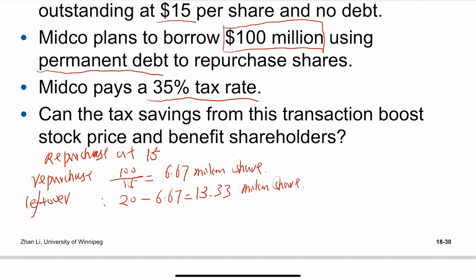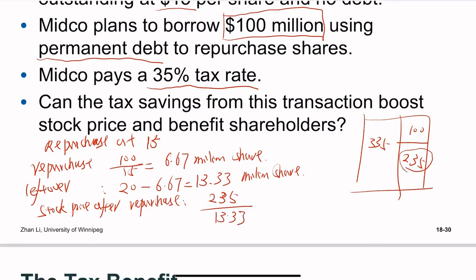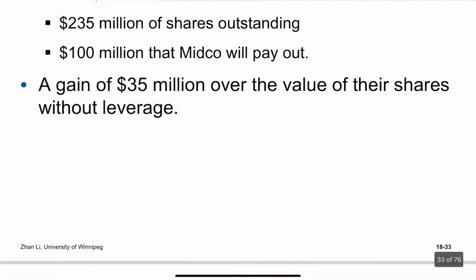And we have learned the total equity value after the leverage recap is 235. So we can find the stock price after repurchase, which is given by 235 divided by 13.33.